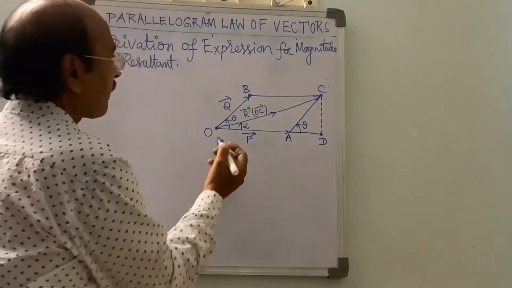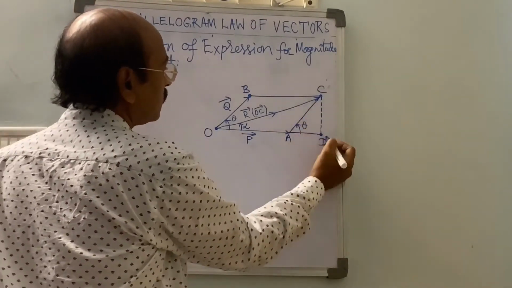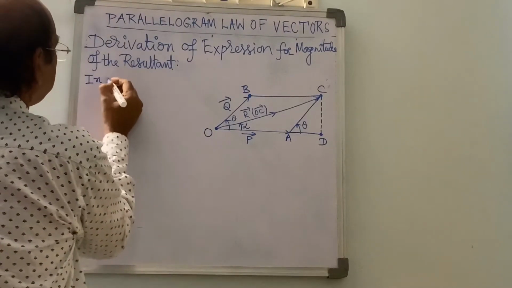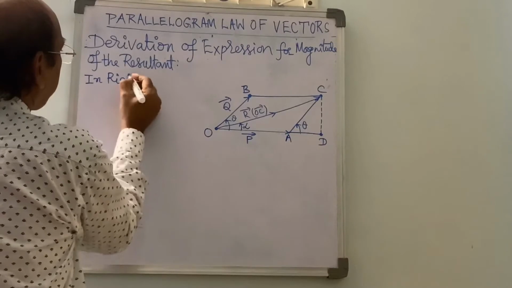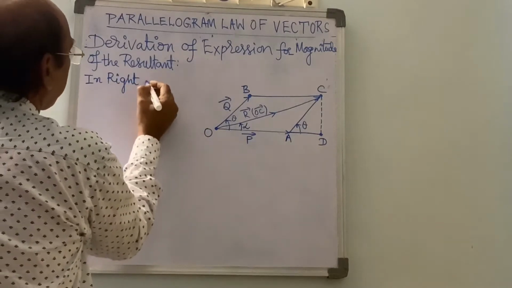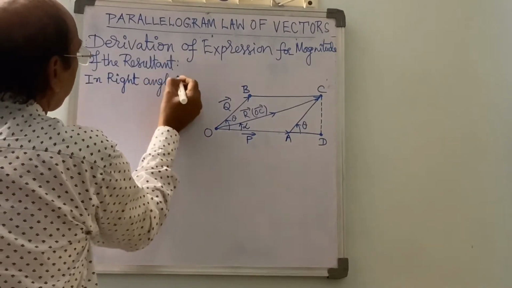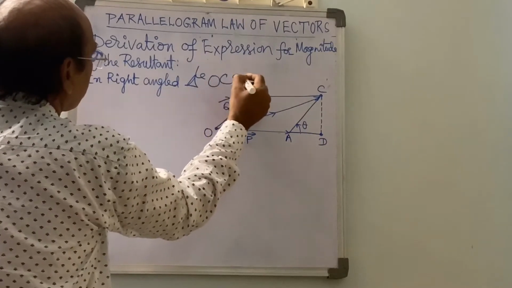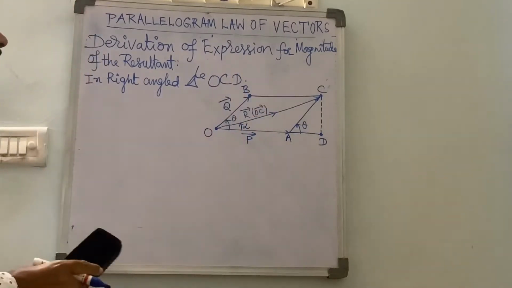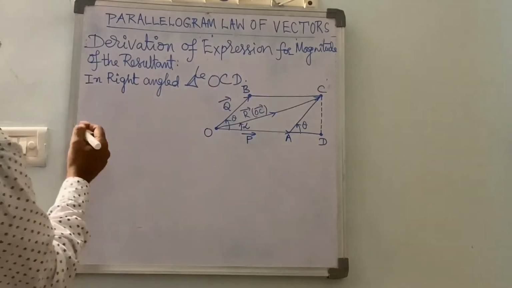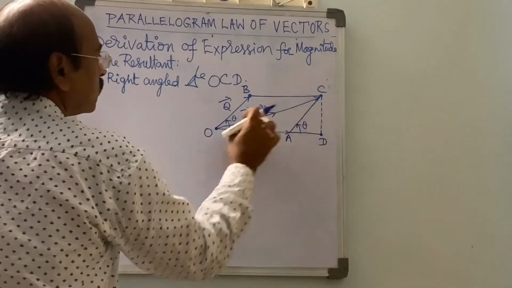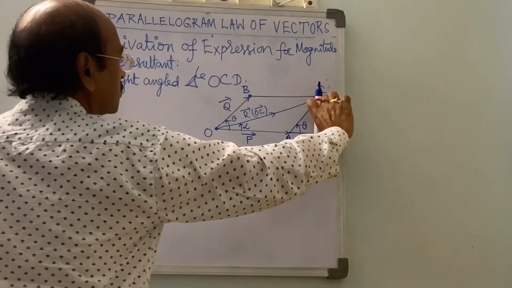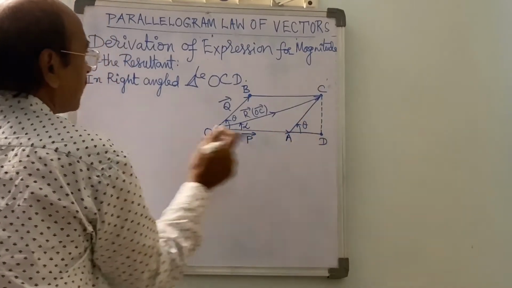So here there is a right angle triangle ODC. In the right angle triangle, according to Pythagoras theorem, OC square, hypotenuse square, is equal to opposite side square plus adjacent side square.